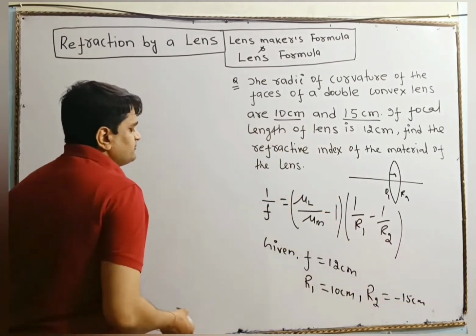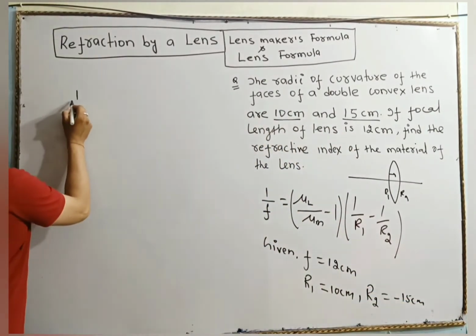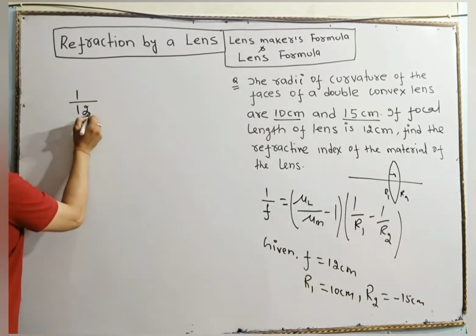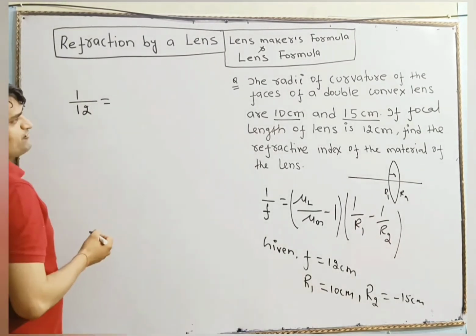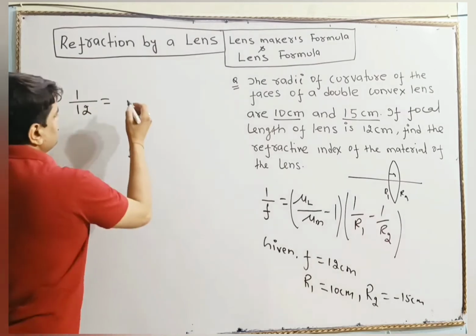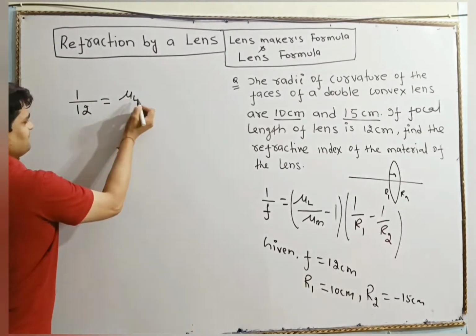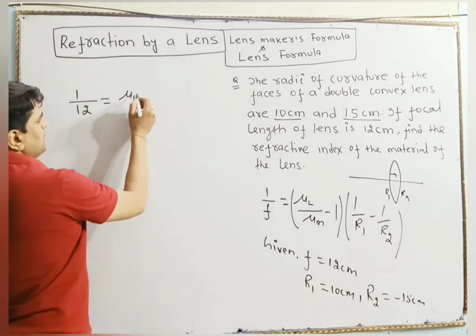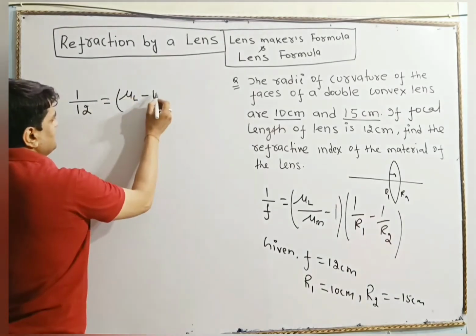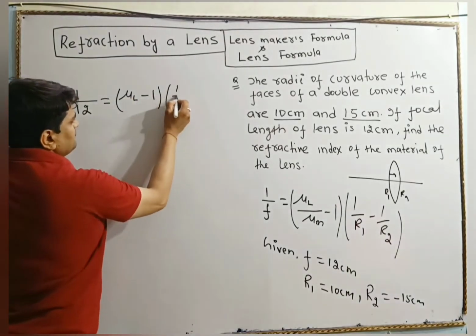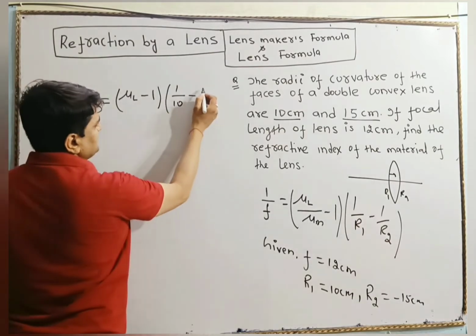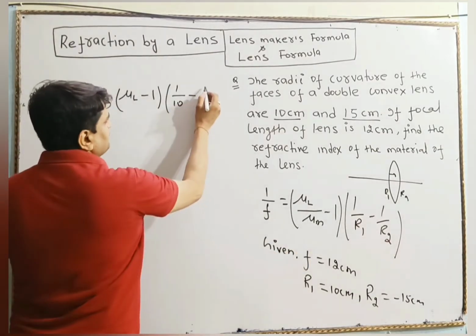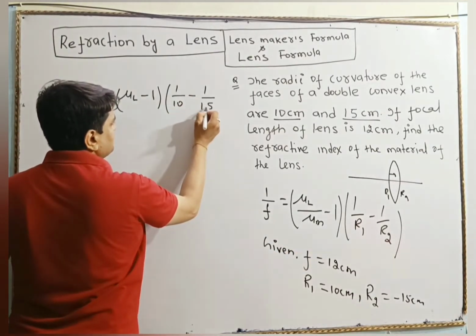Now apply the formula. 1 upon f, that means 1 upon 12, equals (mu_L minus 1) times (1 upon 10 minus 1 upon minus 15).